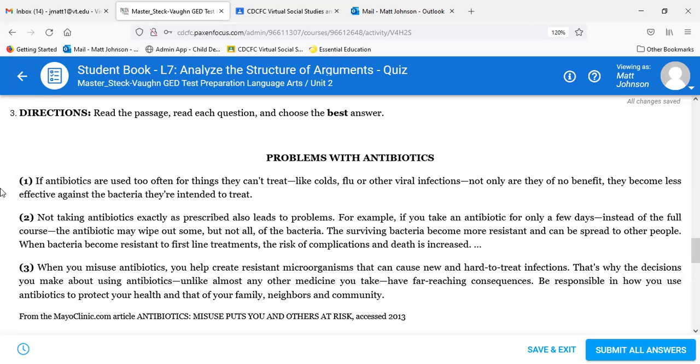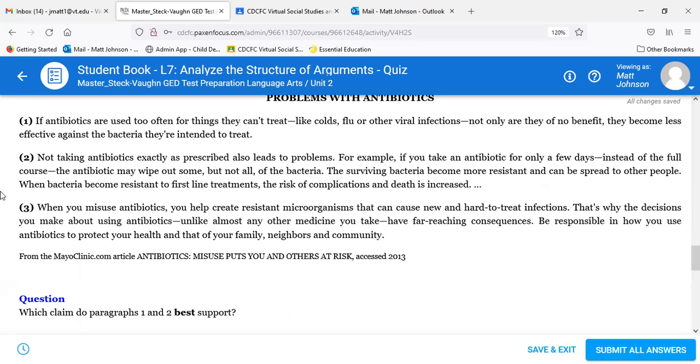That's why the decisions you make about using antibiotics, unlike almost any other medicine you take, have far-reaching consequences. Be responsible in how you use antibiotics to protect your health and that of your family, neighbors, and community. From the majorlined.com article, antibiotics misuse put you and others at risk.